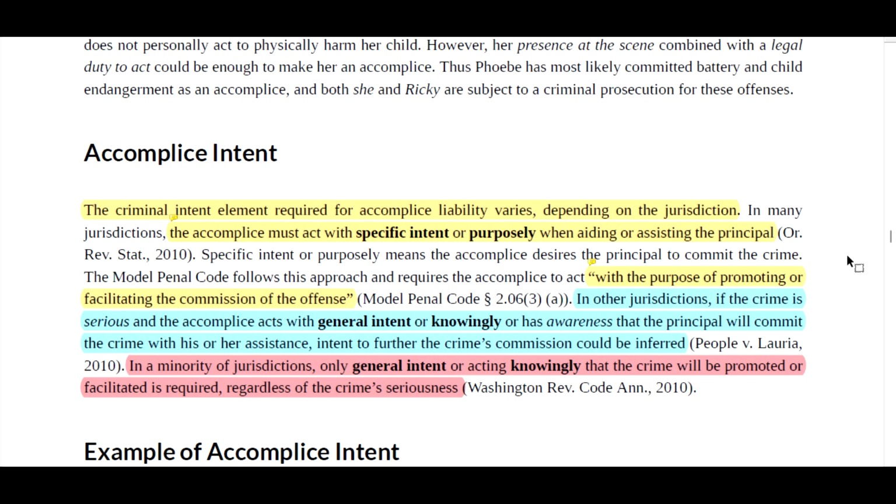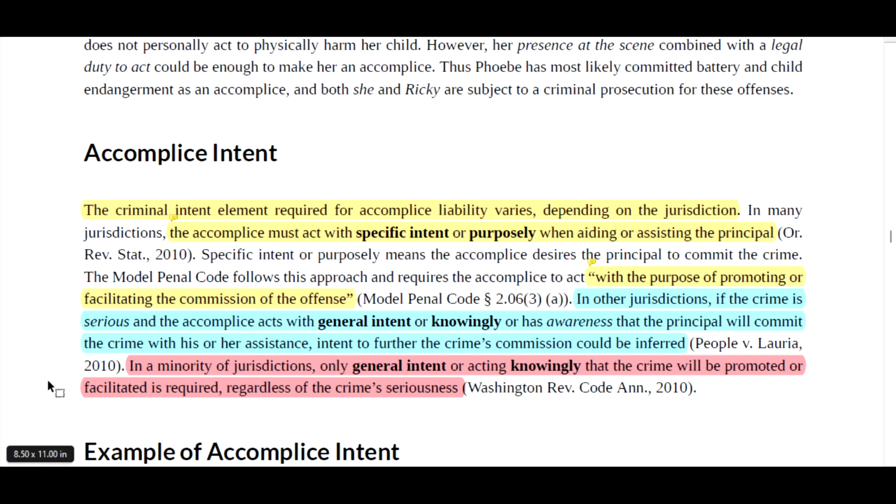The general intent or knowingly, it's a fine line, and I say that because when I say we, PA looks for specific intent or purposely. However, there are some of our pieces that go general intent and knowingly, but it varies.